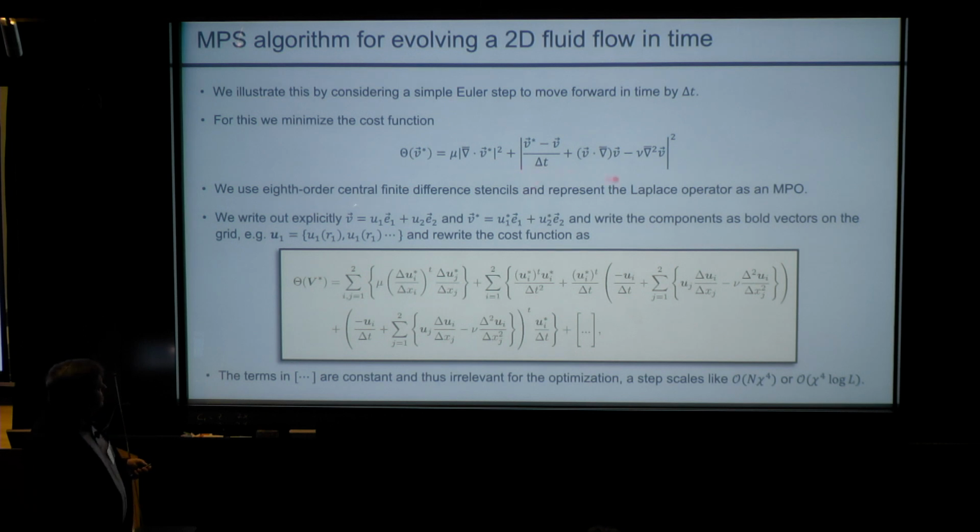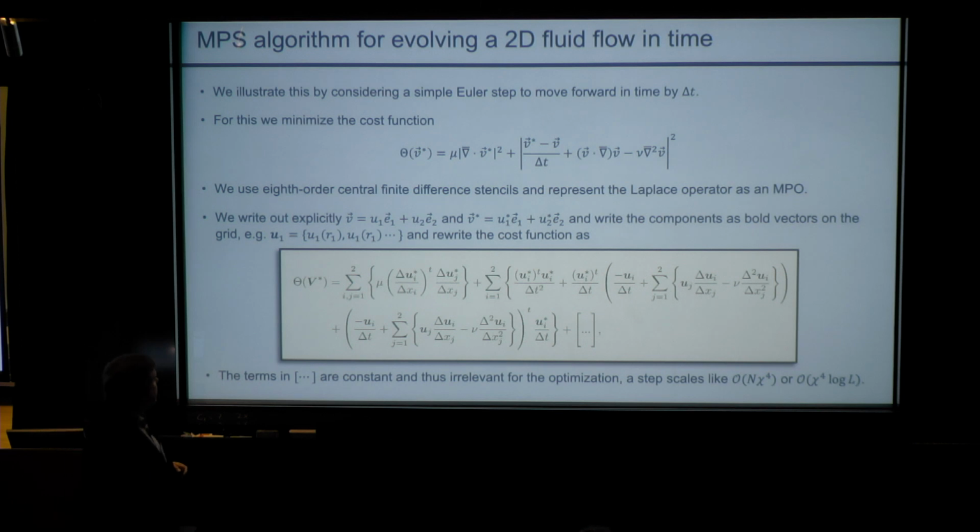And then this last part here is just the cost function that needs to be minimized when doing an Euler step forward in time by some time step delta t, where the previous flow field is v, the velocity field v, and the new one is v star. And so what we need to do is minimize this cost function for a given v that we have from the previous time step.